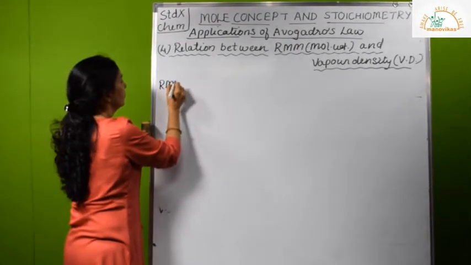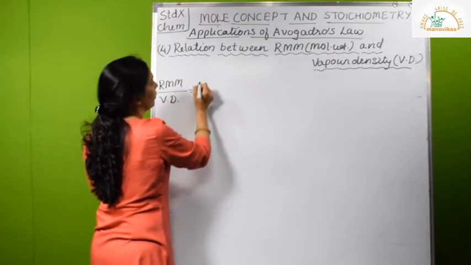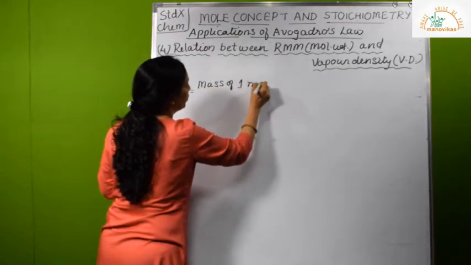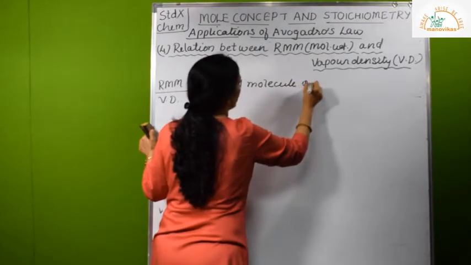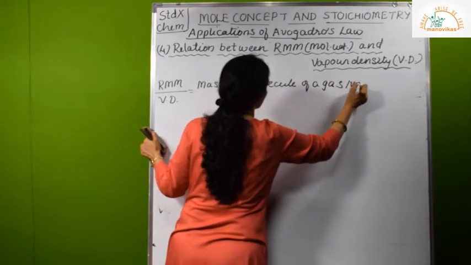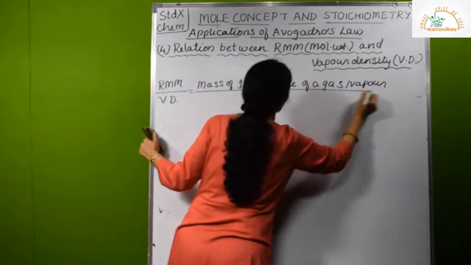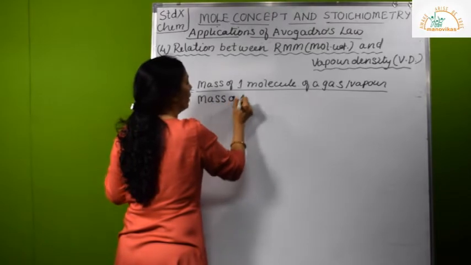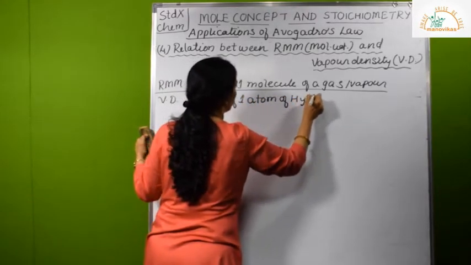RMM upon vapor density is equal to mass of 1 molecule of a gas substance, we are taking as gas vapor, upon mass of 1 atom of hydrogen.